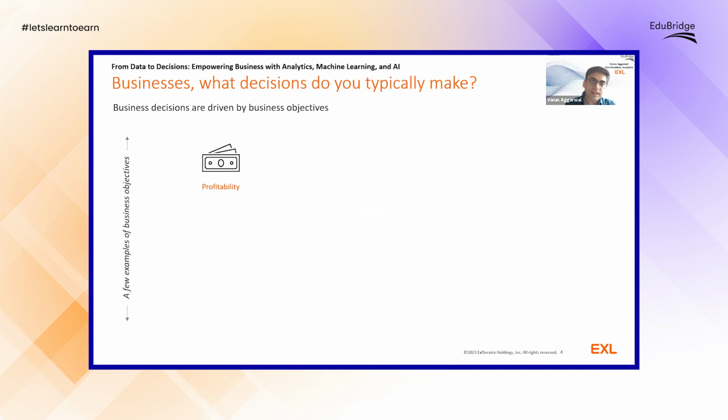So the typical objectives of a profit-seeking business would be profitability, revenue growth, and expansion. Businesses would also keep looking for opportunities to expand their footprint or customer base or revenue quarter over quarter.